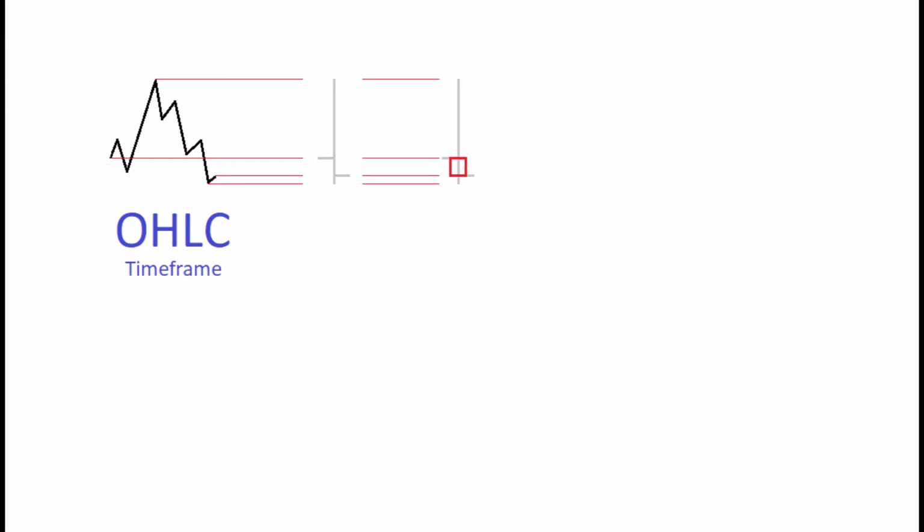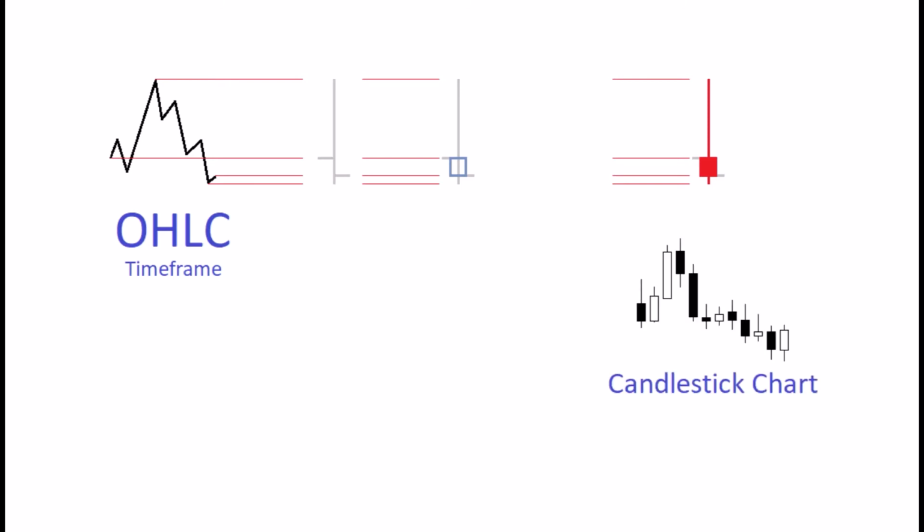It's called a body, and we'll just draw a square, and we will add the highest price with a wick on the top side, and the lowest price with a wick on the bottom side. Now it already starts to look like a candle, and as you can see, it's going to look like a candlestick chart when we put those together.